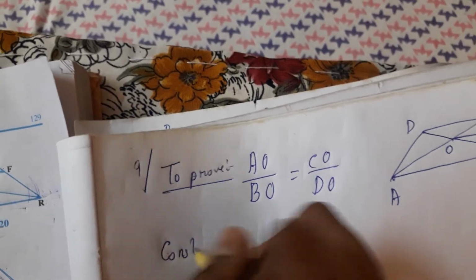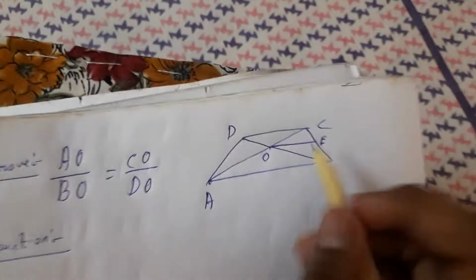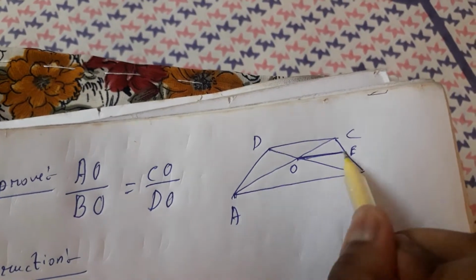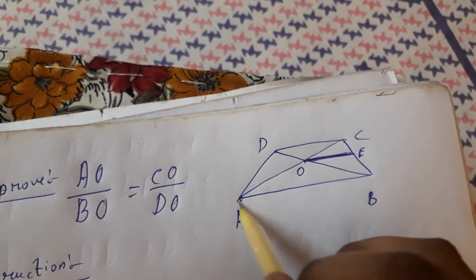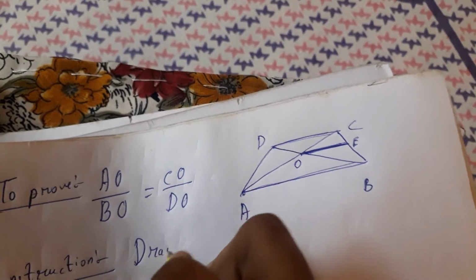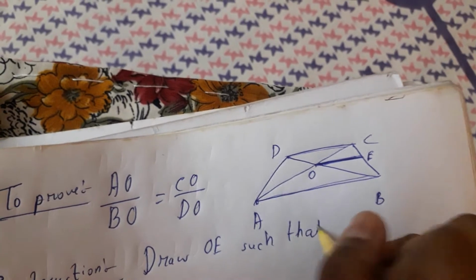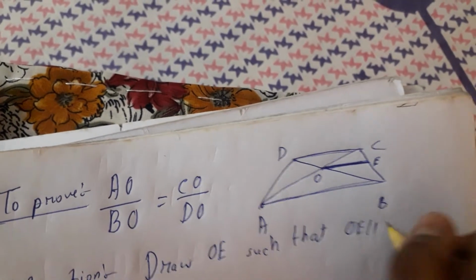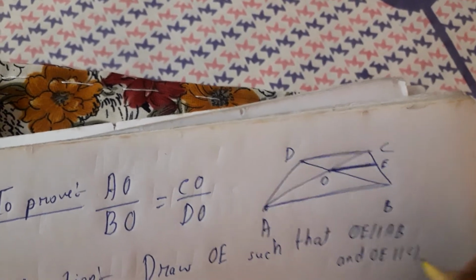So here you have to construct OE in such a way so that OE is parallel to AB and CD. Draw OE such that OE is parallel to AB and OE is parallel to CD.